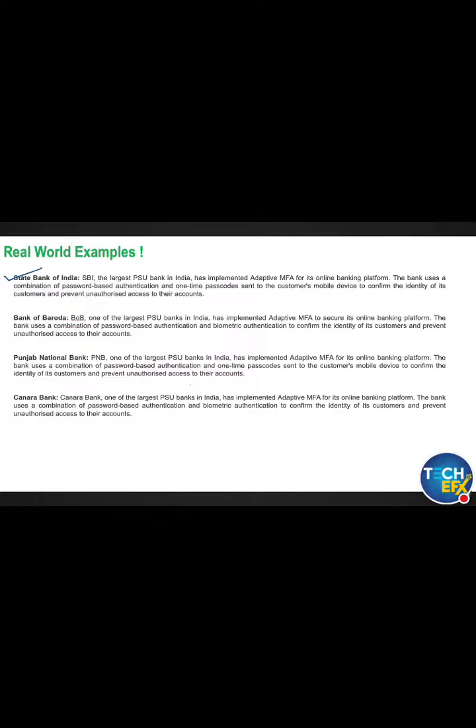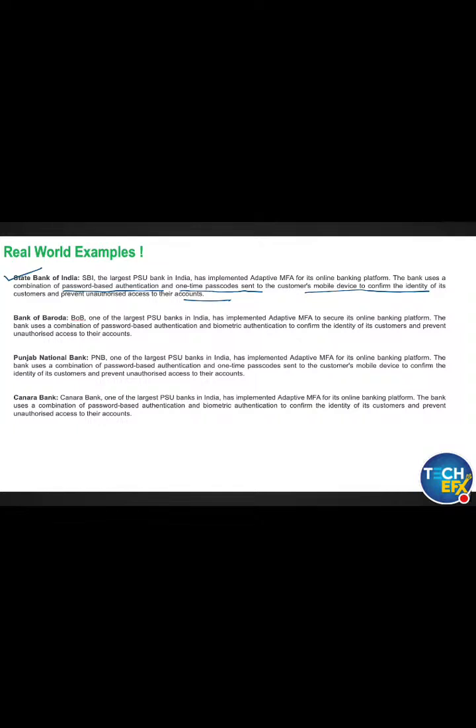The bank uses a combination of password-based authentication and a one-time passcode, which is OTP, sent to the customer's mobile device to confirm the identity of its customers and prevent unauthorized access to their accounts.